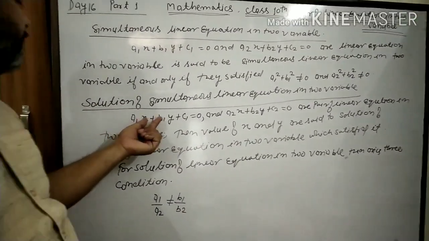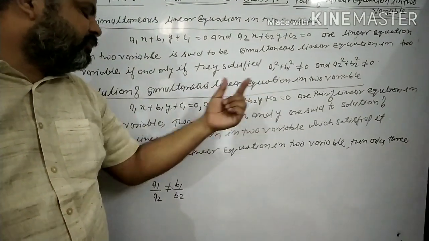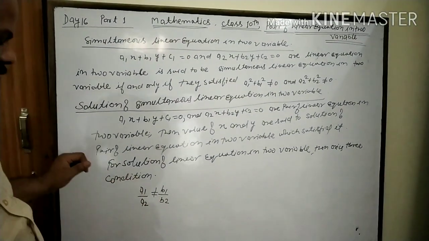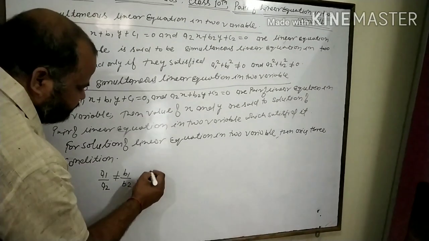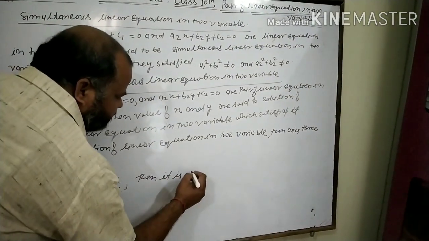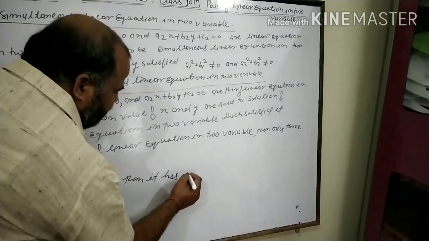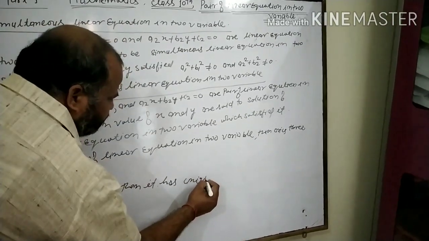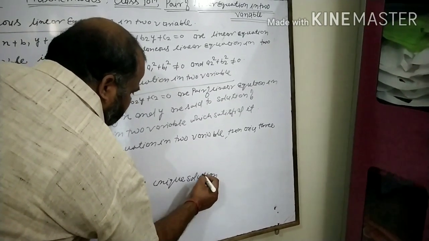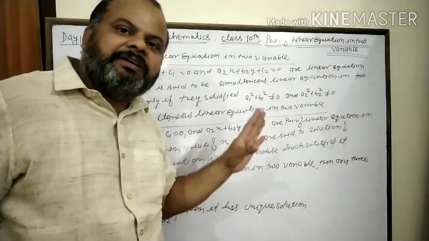It means if a1x plus b1y plus c1 is equal to 0 and a2x plus b2y plus c2 is equal to 0, and if a1 upon a2 is not equal to b1 upon b2, then it has a unique solution, or we have only one value of x and y.